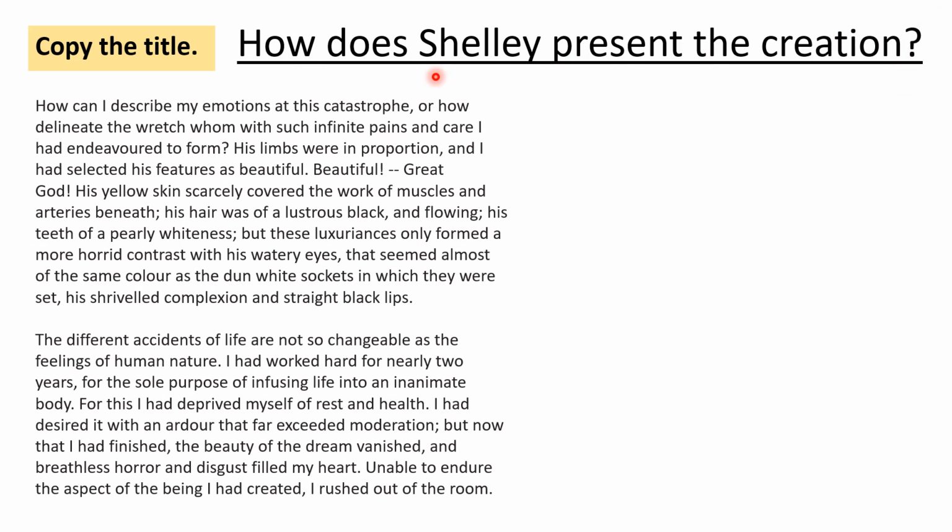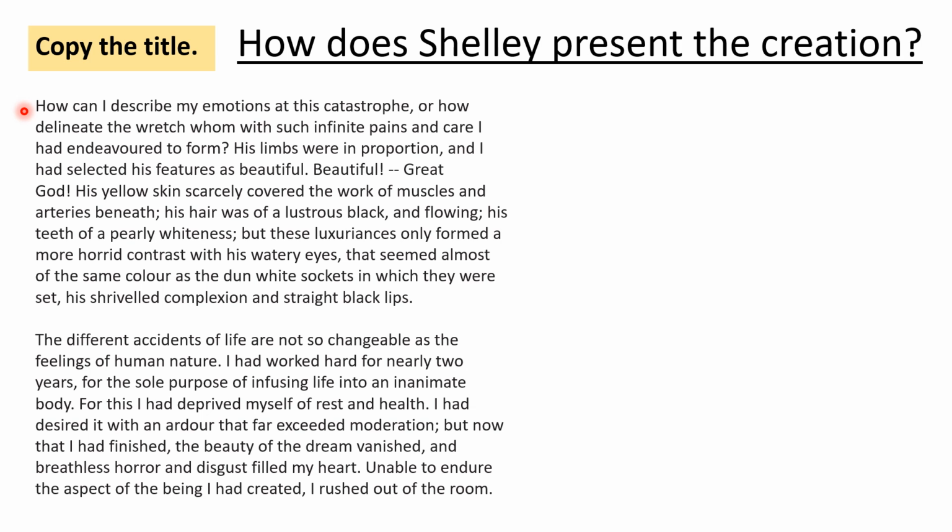So how does Shelley present the creation as vengeful, for example? However, the purpose of this lesson is solely focusing on structure, so this question is suitable. So I'm imagining that I've opened up the question paper and this is the extract that I can see. The first step would obviously be to read it. So let's do that now.